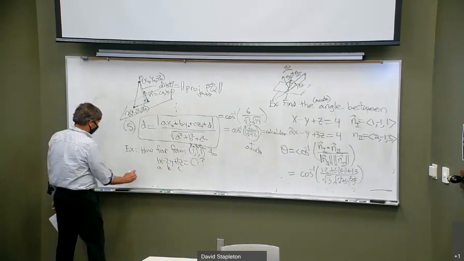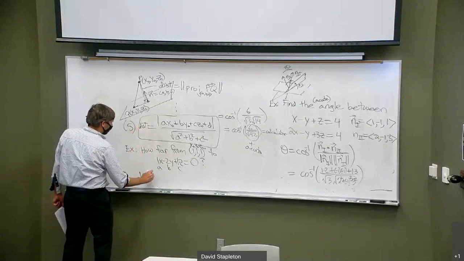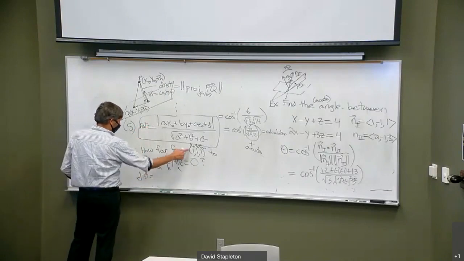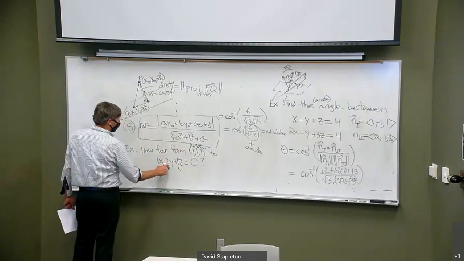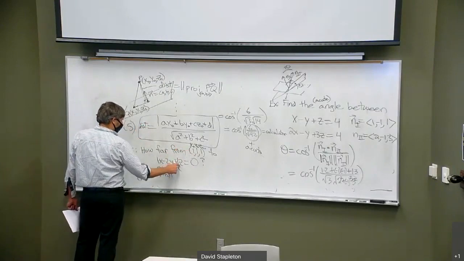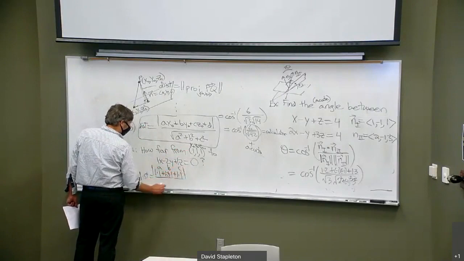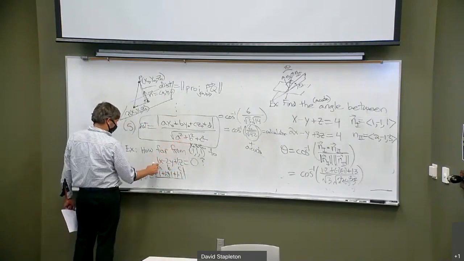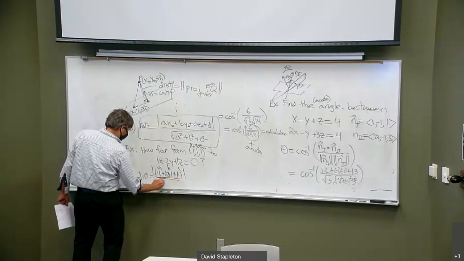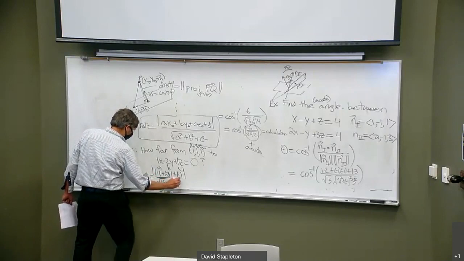The distance is this times this, 1 times 1, plus minus 2 times 1, plus 1 times 1, all in absolute value, divided by the root sum square of A, B, and C. The square root of 1 squared plus minus 2 squared plus 1 squared is the square root of 6.